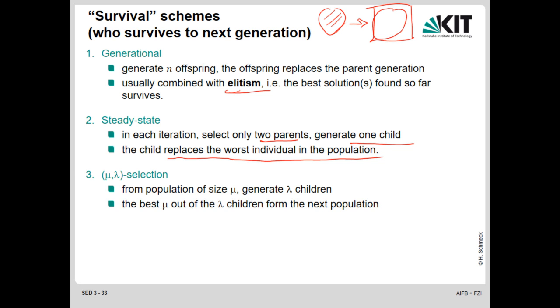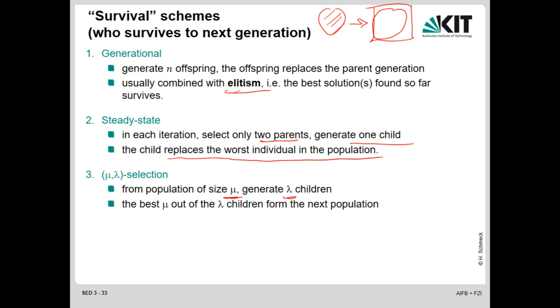And then there is another scheme, a so-called mu lambda selection. You have a population of size mu. You generate lambda children, and here lambda is greater or equal than mu, and the best mu out of the lambda children form the next population. So in the extreme, maybe you have a population of size 1.